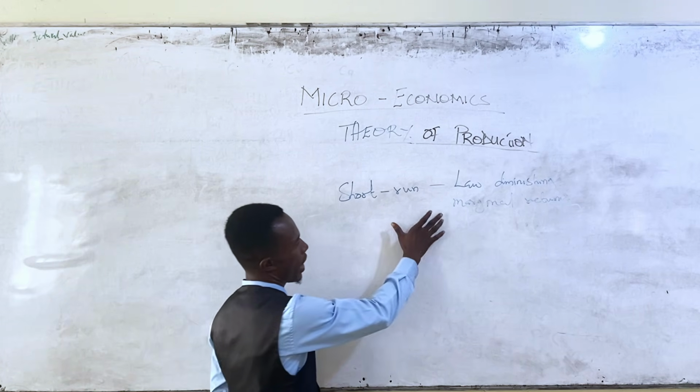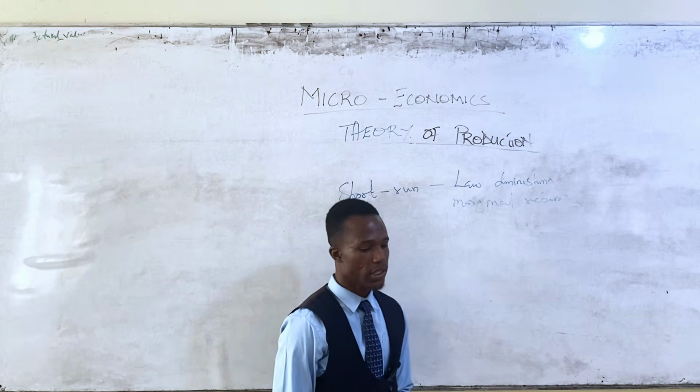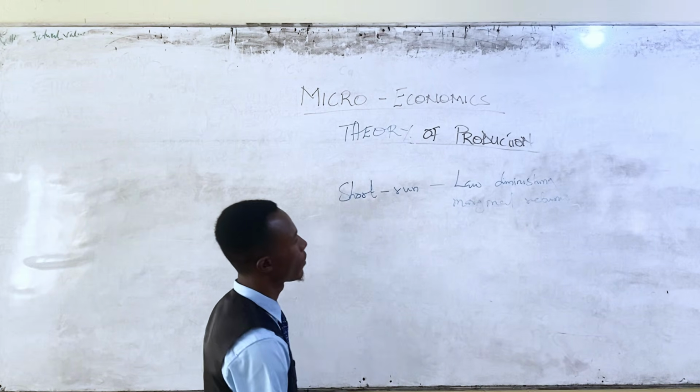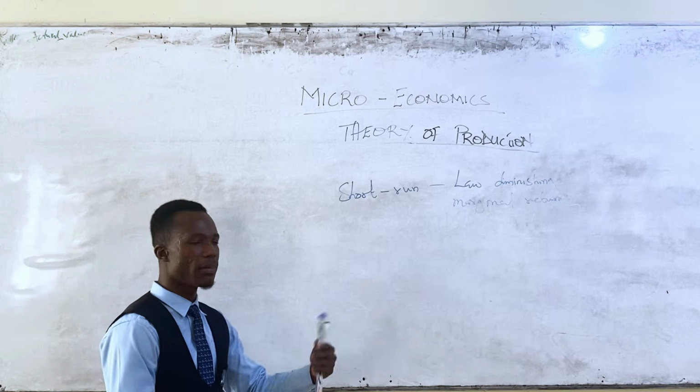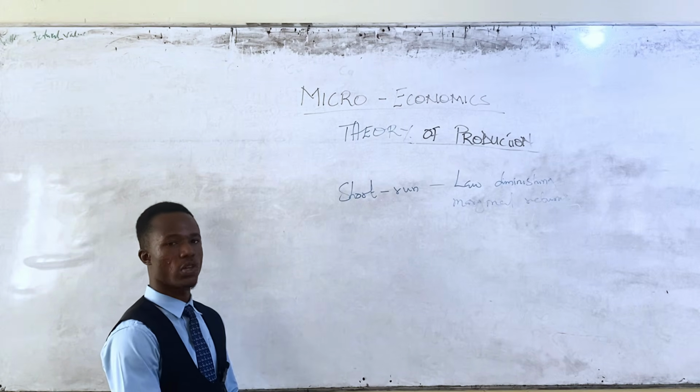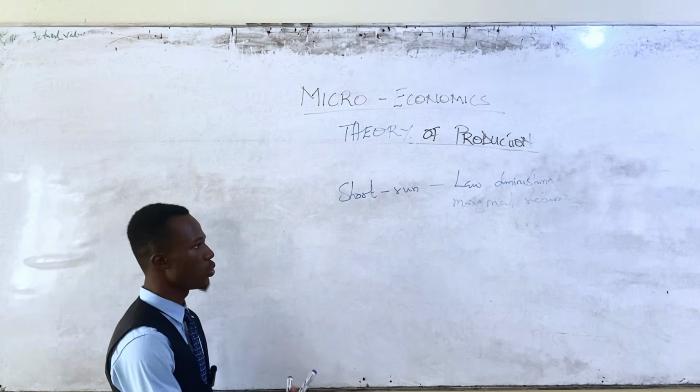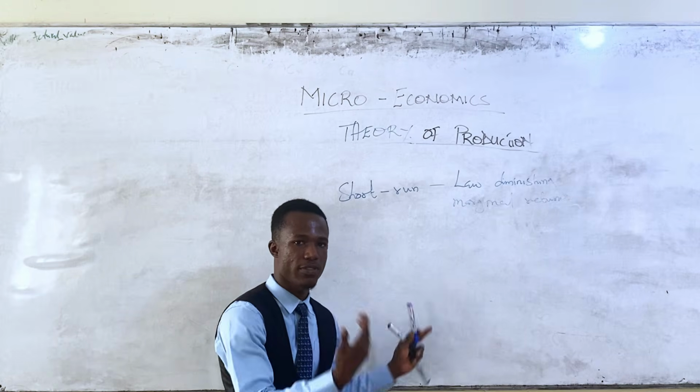That is what I earlier did here. So for the total product, once returns are diminishing, it means the total product will diminish. So we just use assumption to give a question of that.